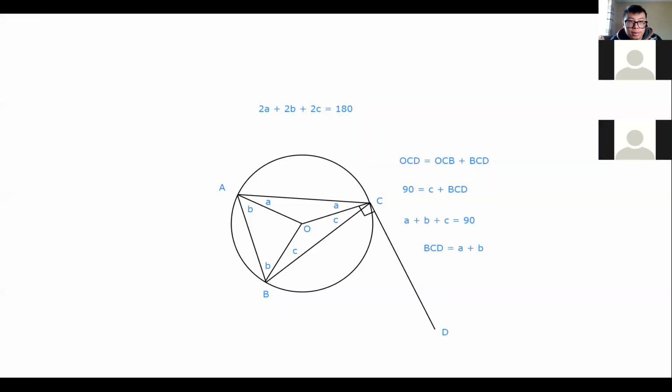So let's look. We had the circle, and we also had a diameter. So remember, across the center. We have a circle, and we have this diameter.